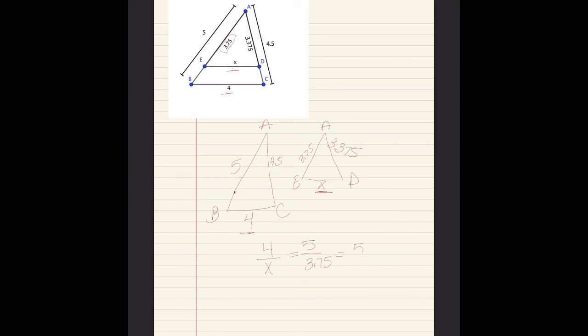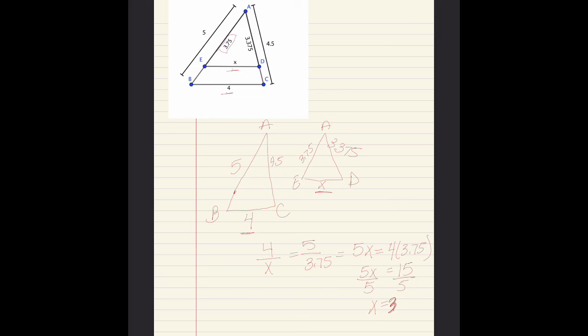This gives us 5x equals 4 times 3.75, which is 15 equals 5x, divide by 5, divide by 5, x equals 3. So that's how we find x.